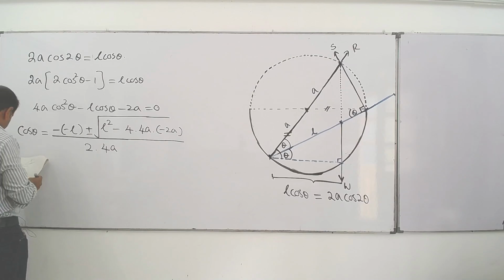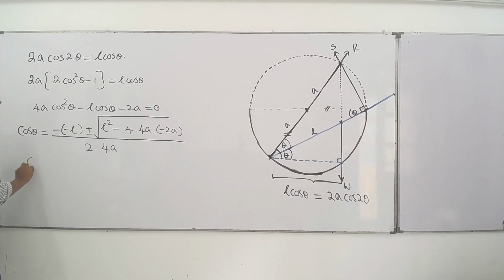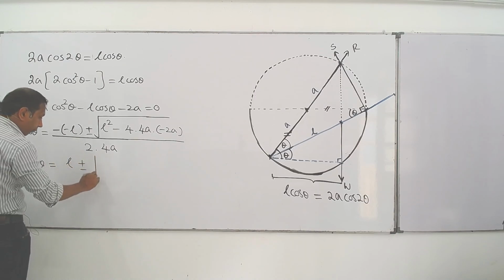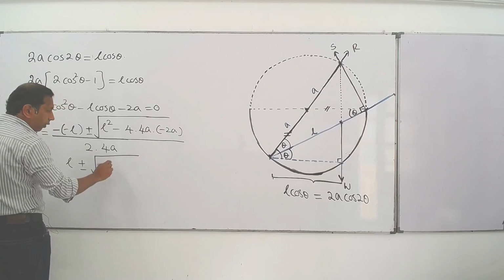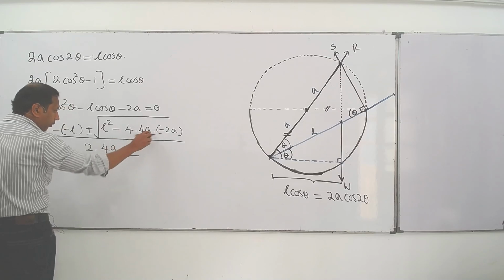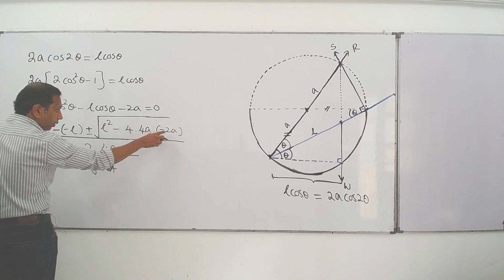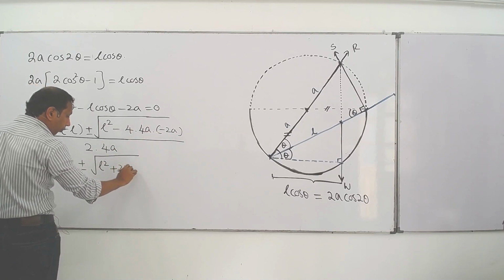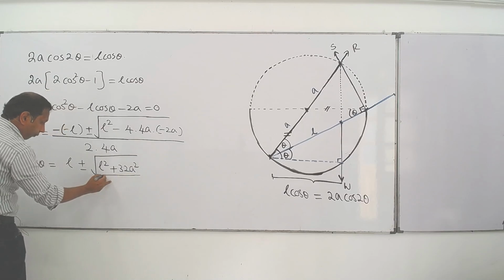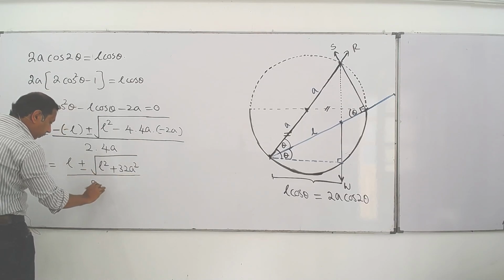Then we can simplify this: cos theta equals L plus or minus the square root of L squared plus 32 a squared, over 8a.